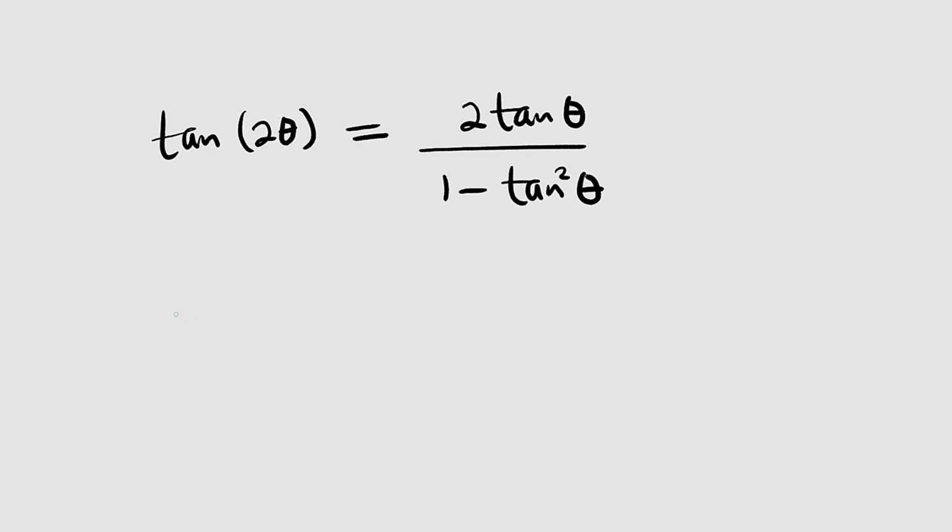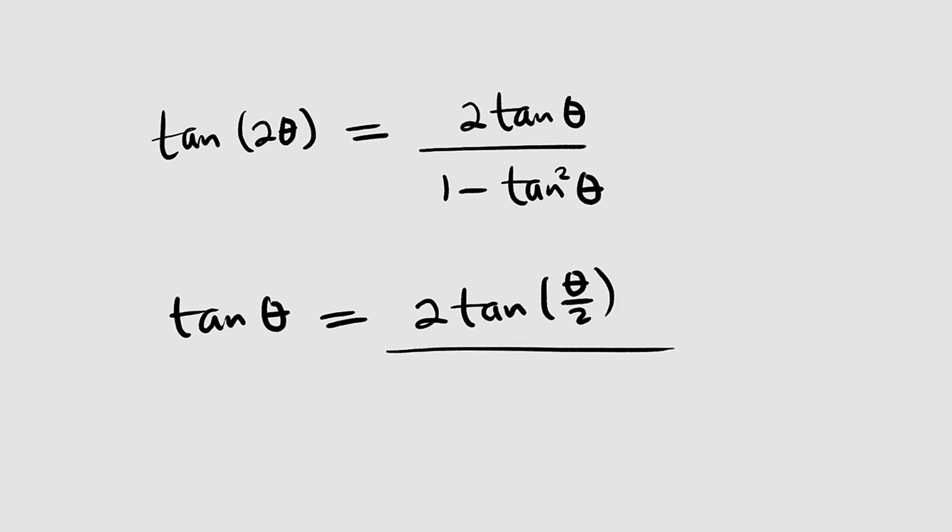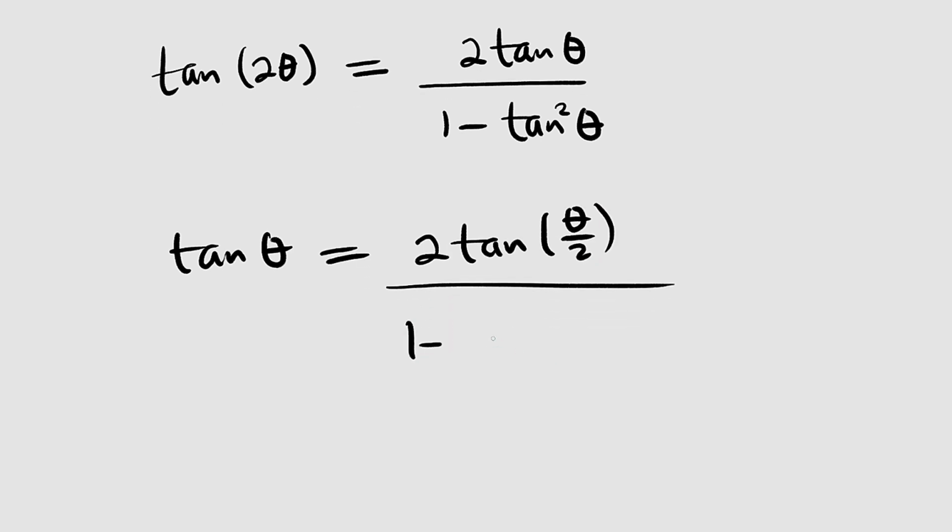That will give me tangent of theta, which is equal to 2 multiplied by tangent of theta divided by 2. We are dividing the angles by 2. Divided by 1 minus tangent squared of theta divided by 2. So from here, we can let tangent of theta divided by 2 be equal to t.